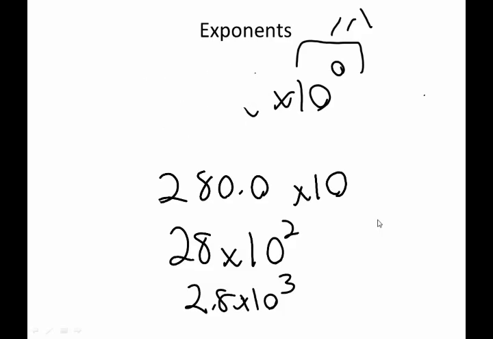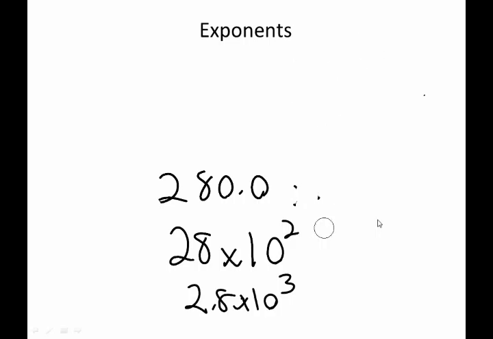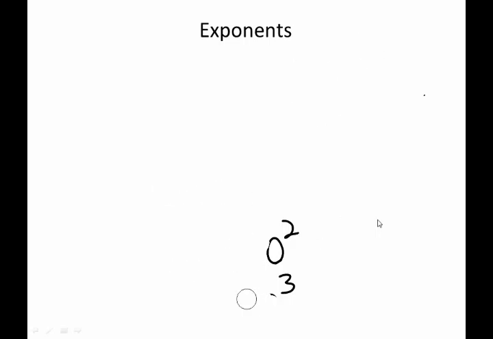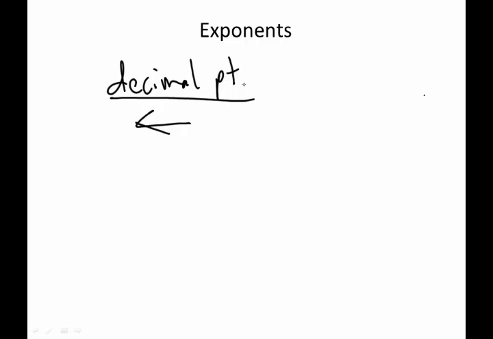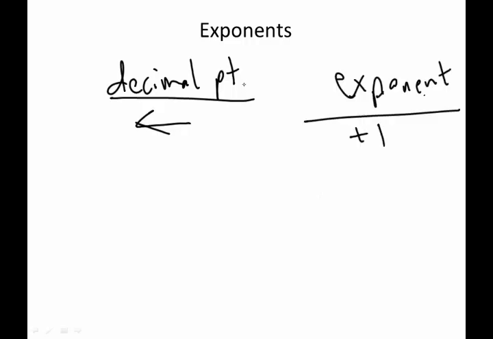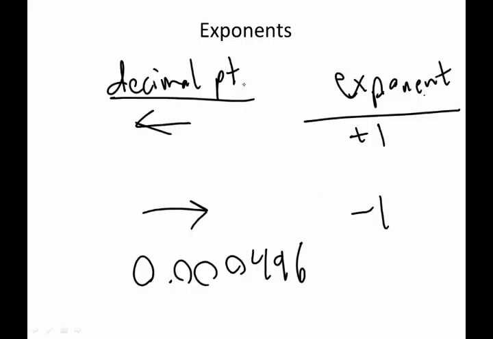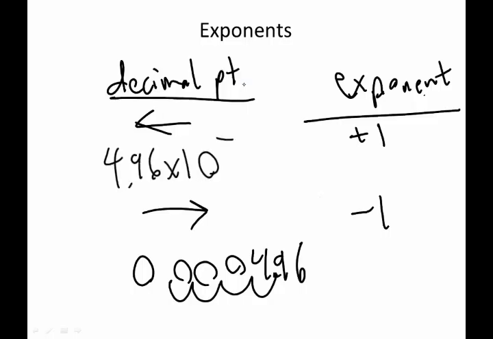Fundamentally, scientific notation works this way. Every time you move the decimal point to the left, the exponent increases by 1. Every time you move it to the right, the exponent decreases by 1. So if I have 0.000496, if I move the decimal point 1, 2, 3, 4, I get 4.96 times 10 to the negative 4 because I moved it 4 times to the right.